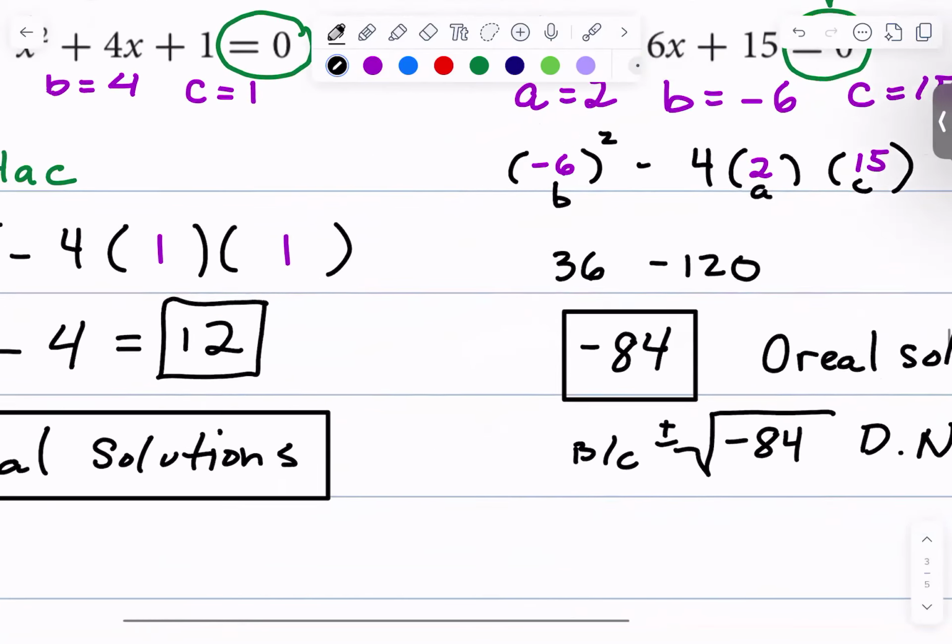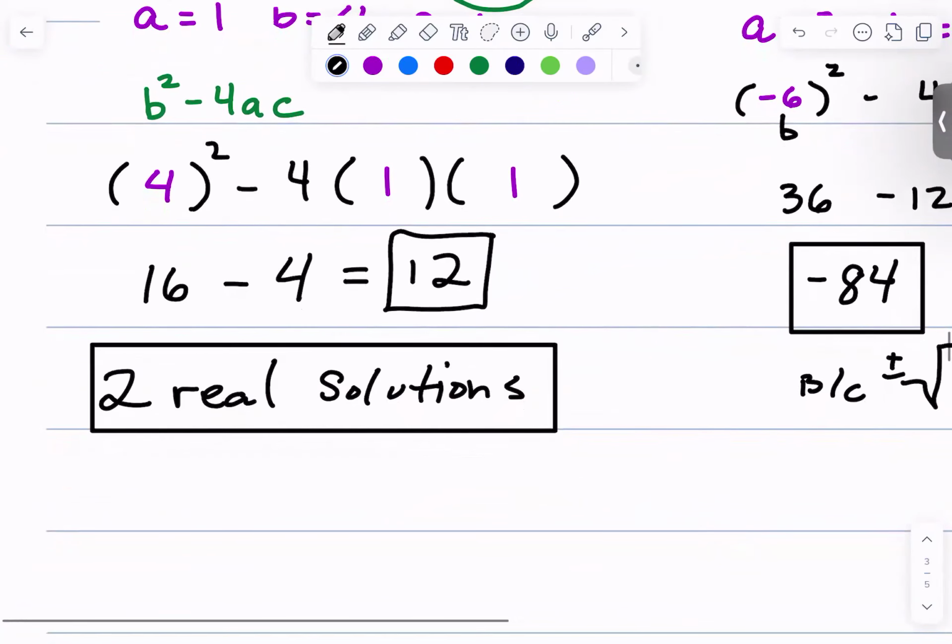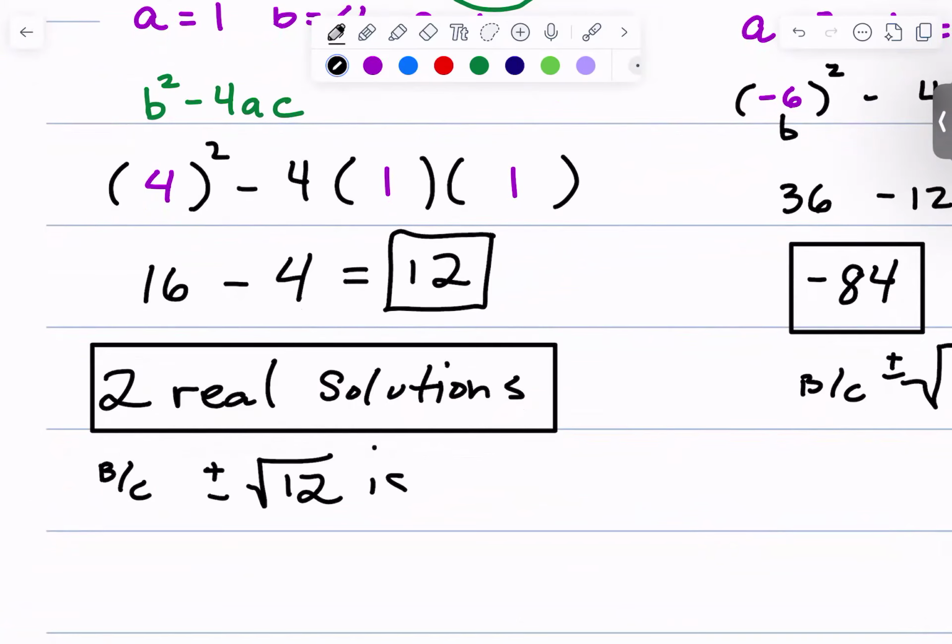And we're going to have two real solutions in the previous example because plus or minus square root of 12 is a real number. Because the positive square root of 12 and a negative square root of 12 will give me two solutions in the quadratic formula.